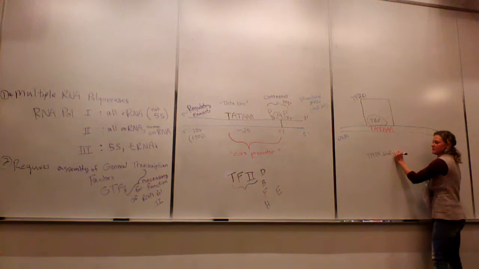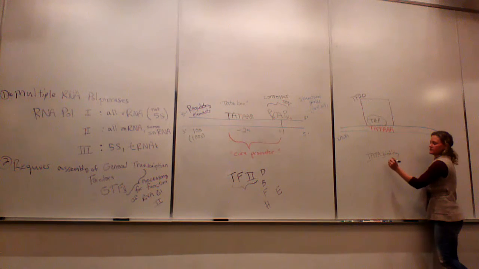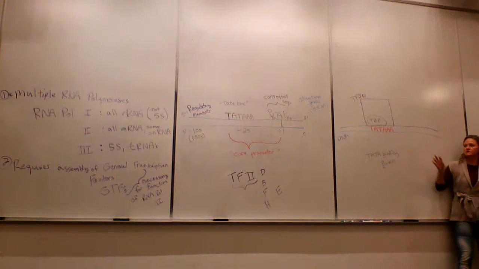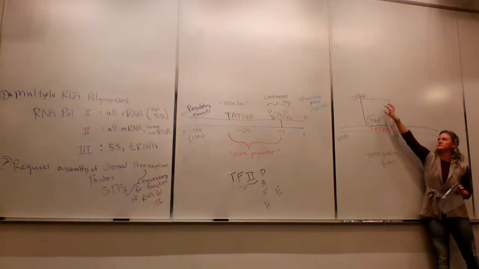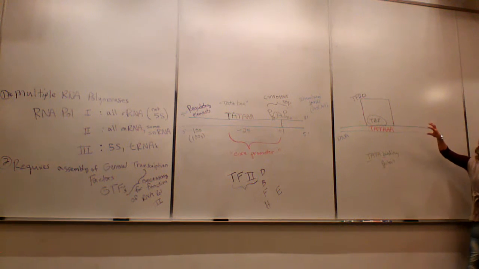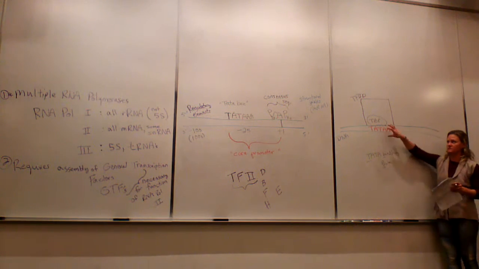The Tata binding protein, turns out it actually needs help. So it has other subunits to it. There are associated factors. They're known as TBP associated factors.